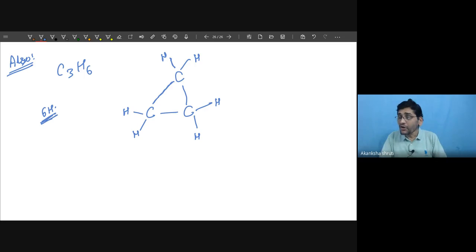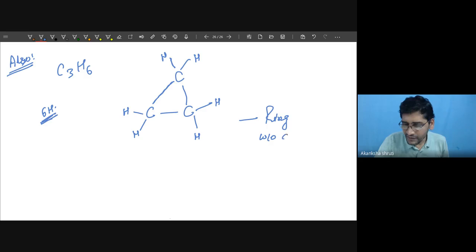So it is also possible, students. Are you getting it? It is that interesting. So here we are getting this one, or whatever the earlier structure we had drawn. So it is our ring one, but in this ring, without a double bond.